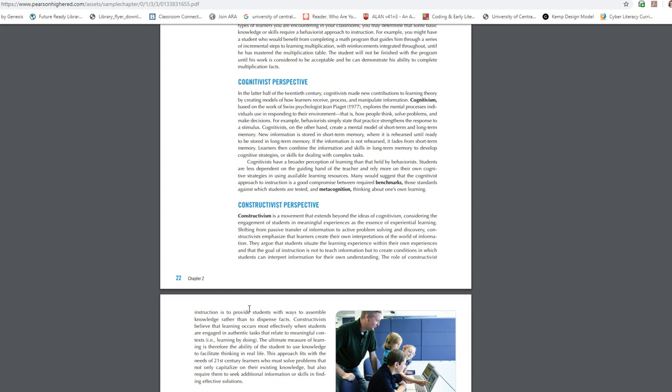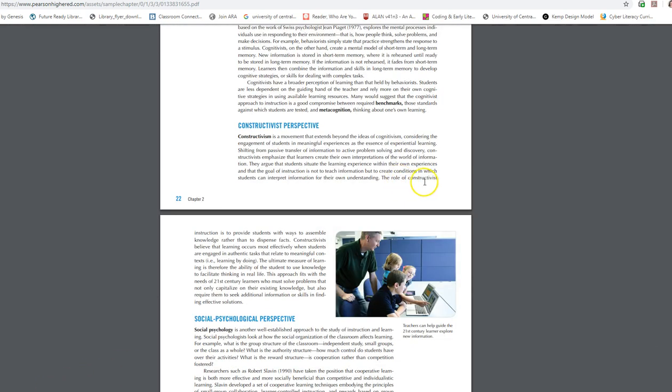So you're shifting from that passive transfer of information from the teacher to the student to an active problem solving and discovery mode, where the students get to create their own interpretations of the world of information around them. So the role of constructivist instruction would be to provide students with ways to assemble knowledge rather than just dispensing facts. Constructivists believe that learning occurs most effectively when students are engaged in authentic tasks that relate to meaningful contexts. So learning by doing.